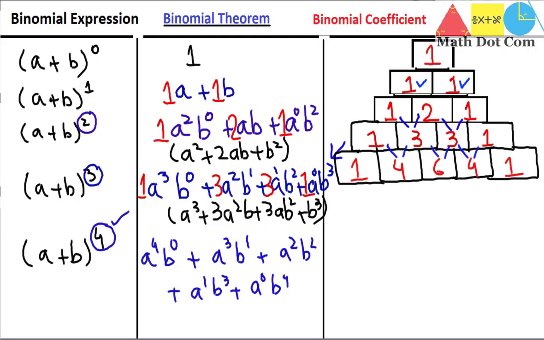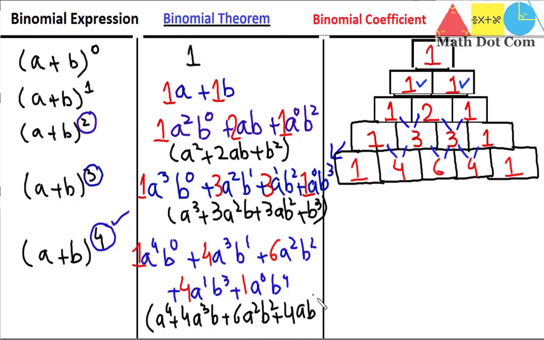So these are the coefficients of these terms: 1, 4, 6, 4 and 1. And if I write it in simplified form, I'll get a4 plus 4a cube b plus 6a square b square plus 4ab cube plus b4.